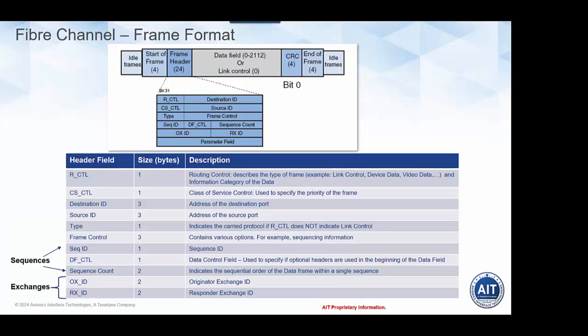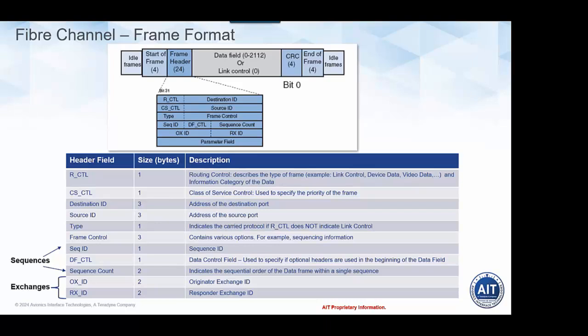The CS control field would be used in cases like that to indicate the priority of the frame to switches and intermediary nodes between the source of the data and the receivers of the data. Then you have the source and destination IDs. These are the addresses of the source port and the destination Fibre Channel port that the frame is intended to be sent to.